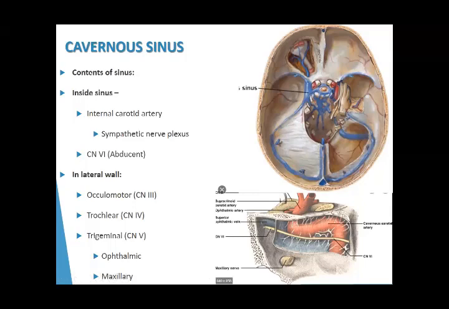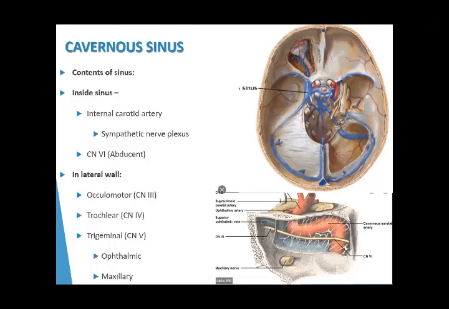But remember one thing, please remember one thing, lying in the lateral wall of the cavernous sinus. अब इसमें से lateral wall में से dura has been removed, so you cannot exactly see the lateral wall. You can just see the contents of the lateral wall. Only two divisions of the trigeminal nerve are present in the lateral wall.